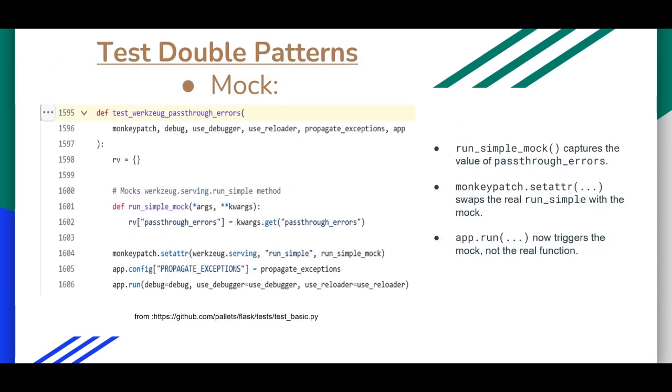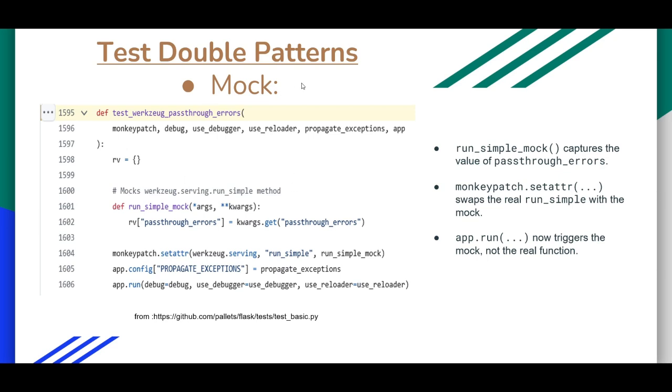The rv is a simple dictionary used to capture the test result, and the run_simple mock is the fake version of the run_simple that we saw earlier.